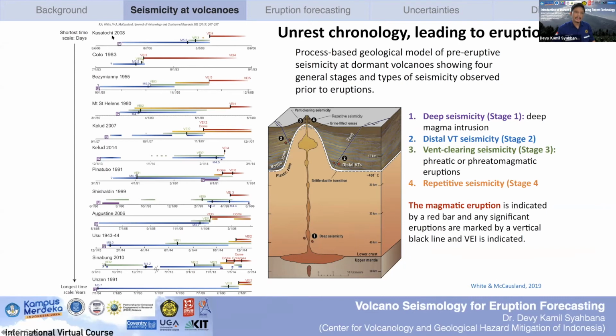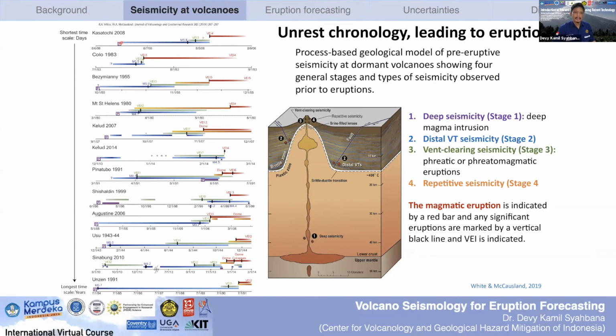As you see here, for example, in Kazatochi in 2008, the earliest signature, sorry, it is here, the blue color, means that in this stage the first seismic signal recorded in Kazatochi was distal VT.